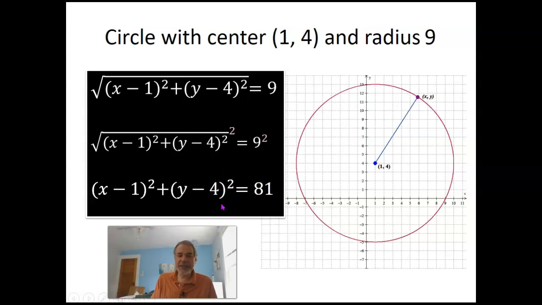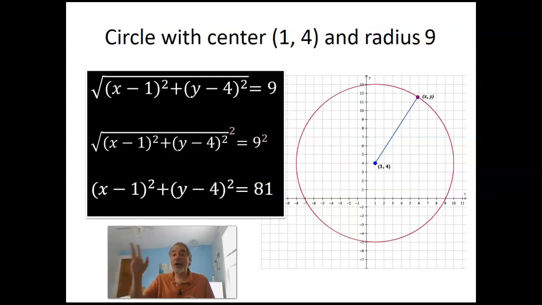So notice how that's set up. We got one thing squared plus another thing squared equals a number. The first thing that's being squared has x minus the x-coordinate of the center. The second thing that's being squared has y minus the y-coordinate of the center. And then the number that they're equal to is the radius squared.